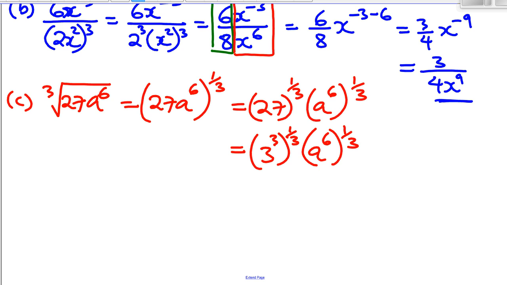Obviously, the cube and the third will cancel, and that will cancel with that to get 2. So your final answer will be 3 times 2 squared. Good.